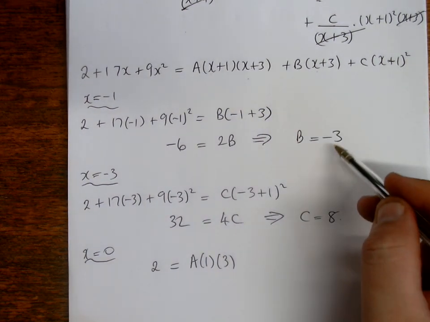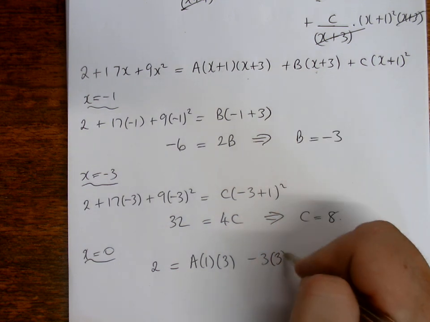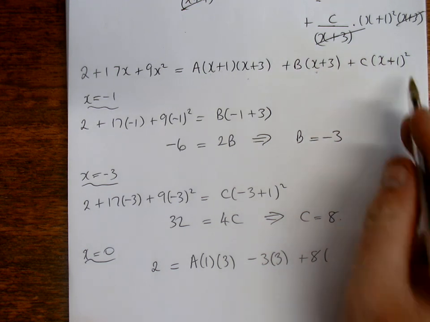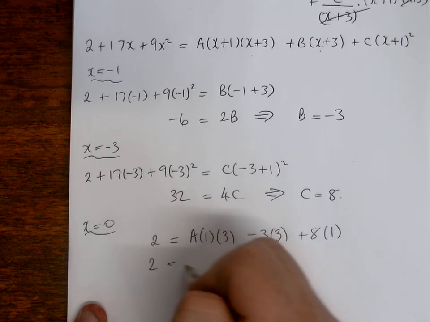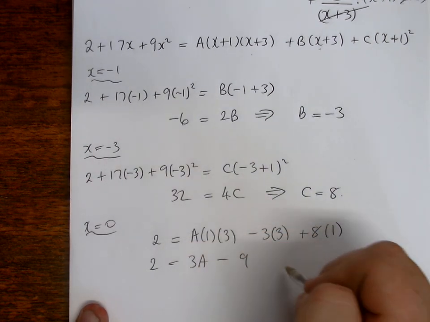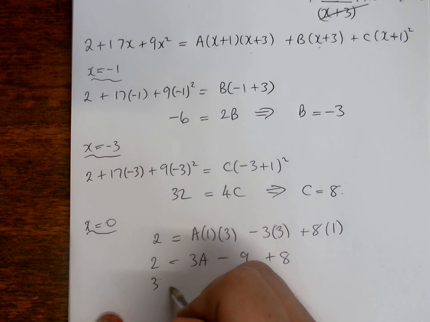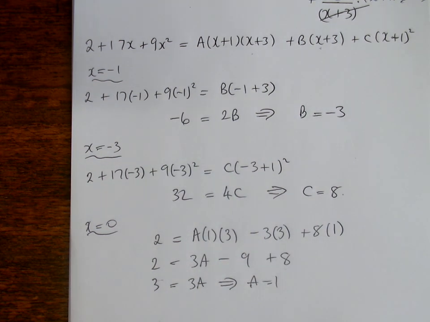B is negative 3, and that's going to be 0 plus 3 is 3. And C is 8, and that's 0 plus 1, which is 1 all squared, which is just 1. So 2 equals 3A, take away 9 plus 8. You end up having 3 is 3A, which means A is equal to 1.